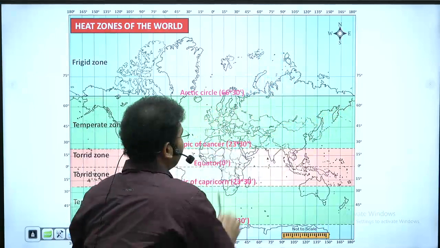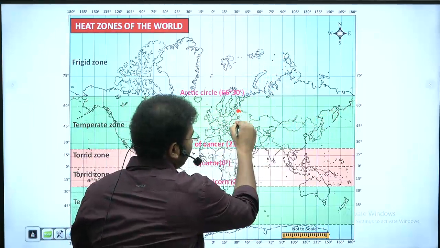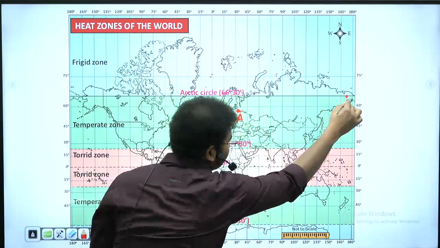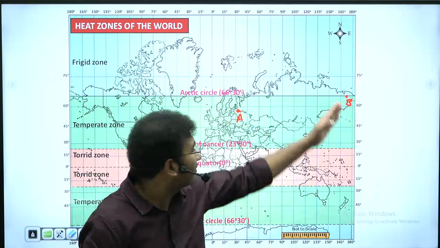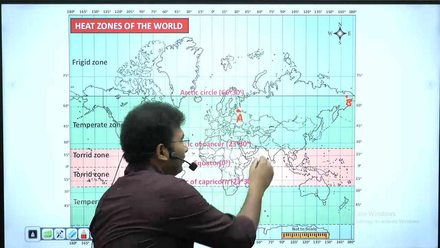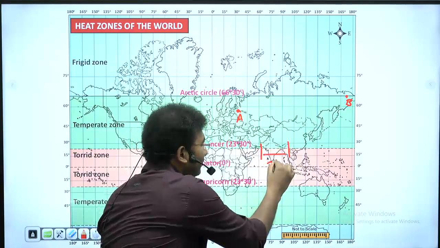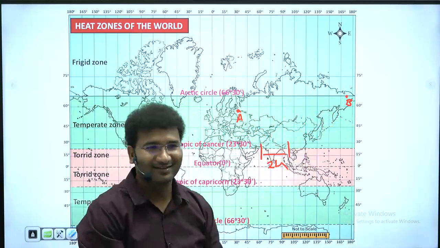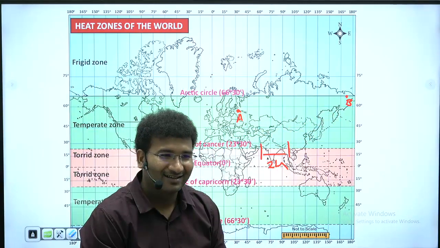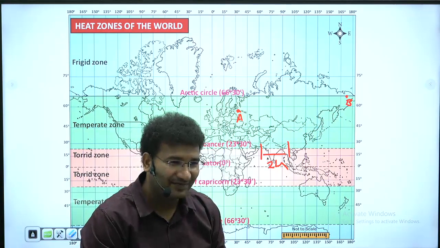Now you see a person who is in this part, let's call this A, and this B. Look at India, between these two itself we have near about 2 hours of difference. Now what about A and B in Russia? 10 to 12 hours ka farak hoga, right?